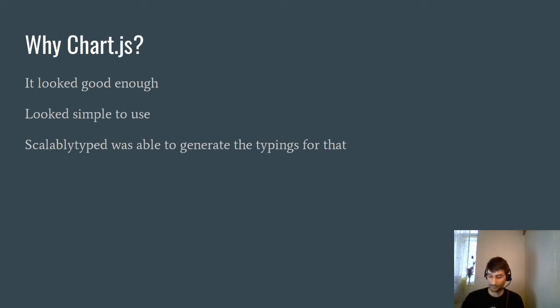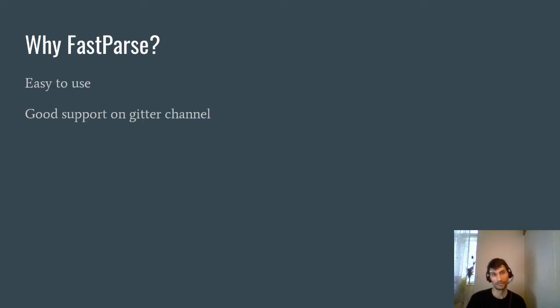That's a tool which can generate Scala.js bindings based on the DefinitelyTyped or some other TypeScript typings available through npm. So in that way, you can use these JavaScript libraries as if they were Scala.js libraries.